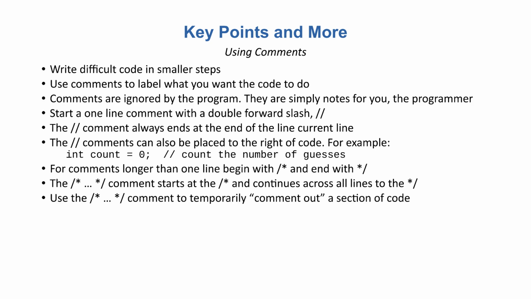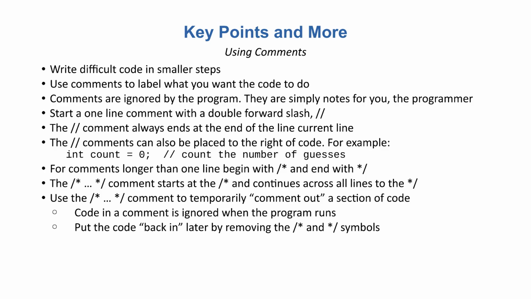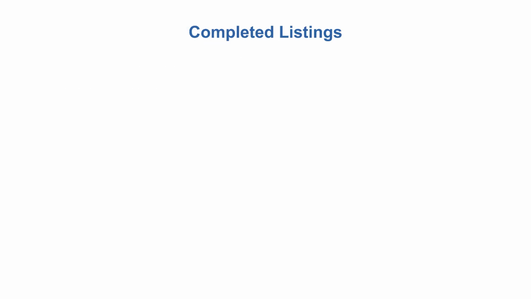I'll sometimes use this form of comment to comment out a section of code I want to temporarily remove from a program. The code I comment out is ignored when the program runs. It's easy to put the code back in later just by removing the comment symbols. Here are the completed listings for all the exercises in this video.